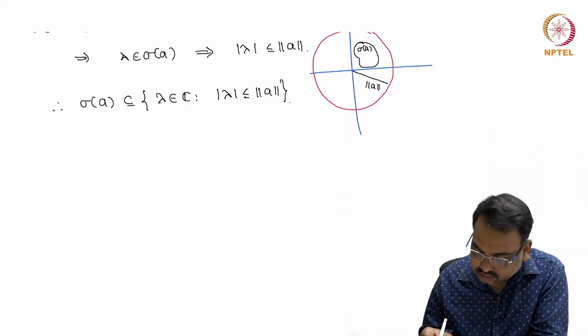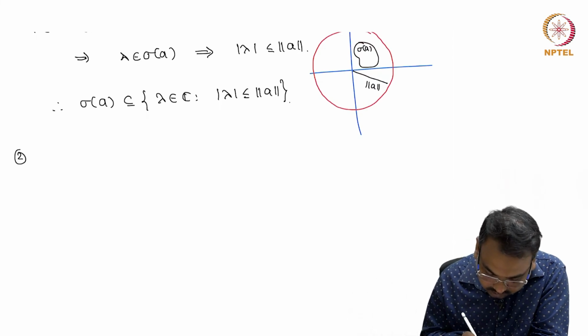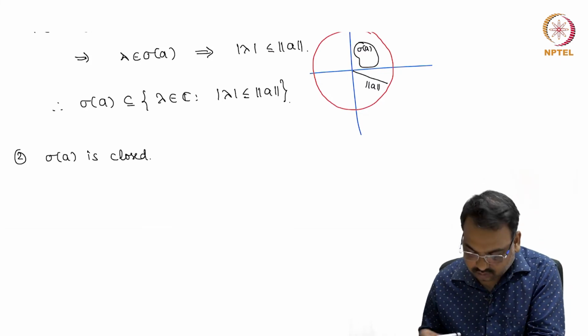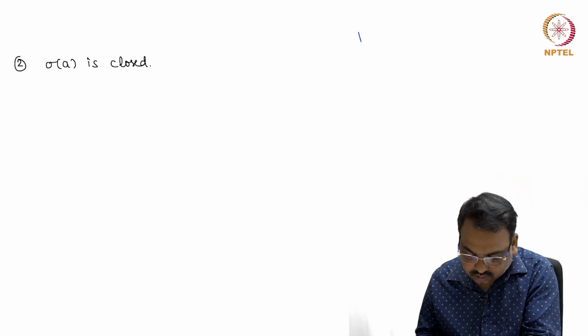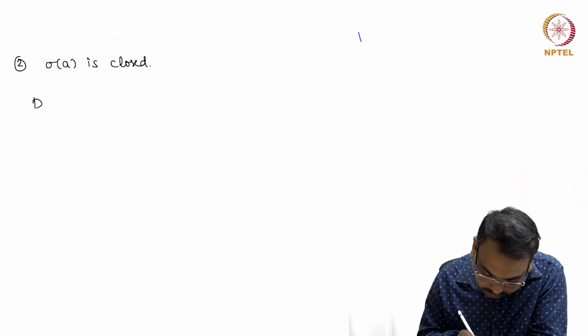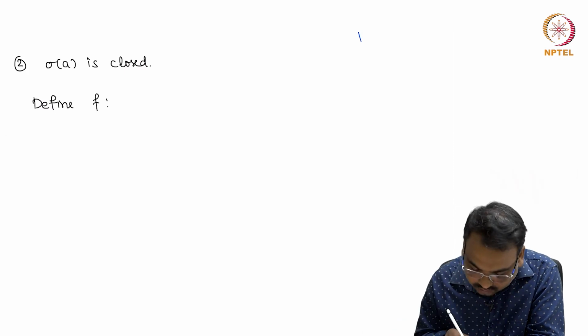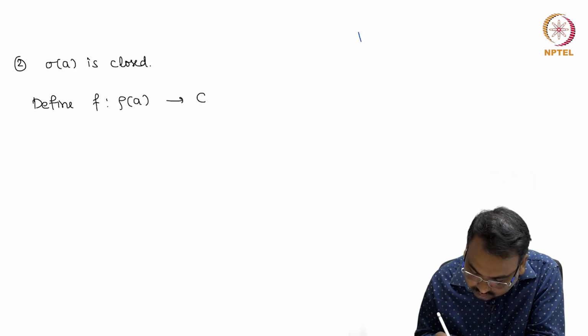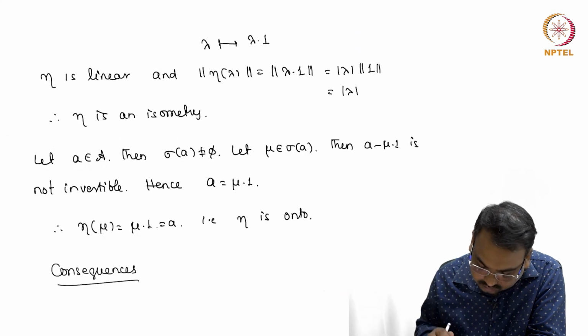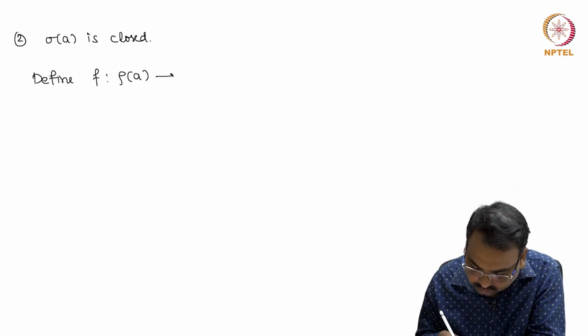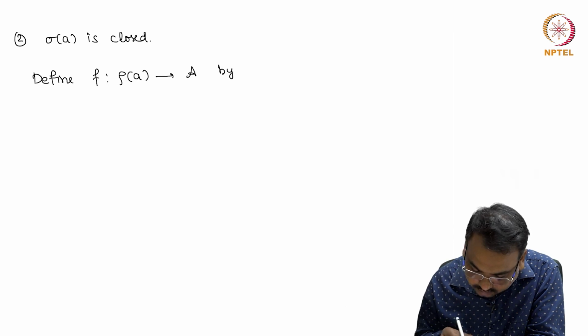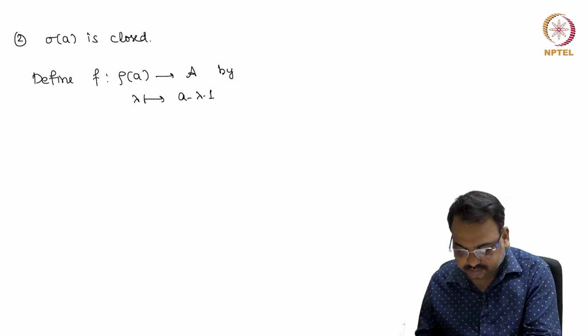Next we want to show that the spectrum is a closed subset of C. To show this, define a map F from rho of A into A, lambda going to A minus lambda times 1.